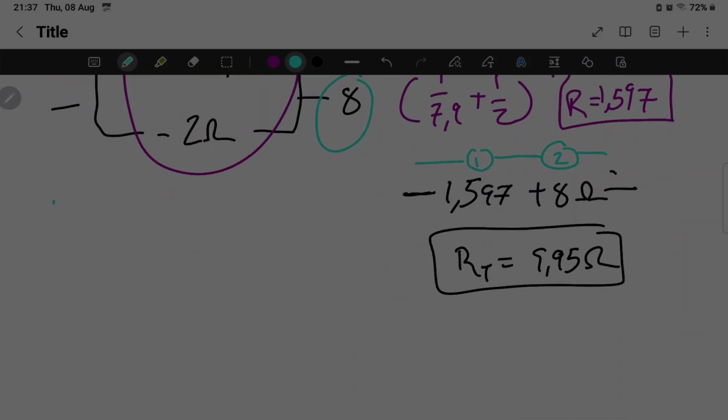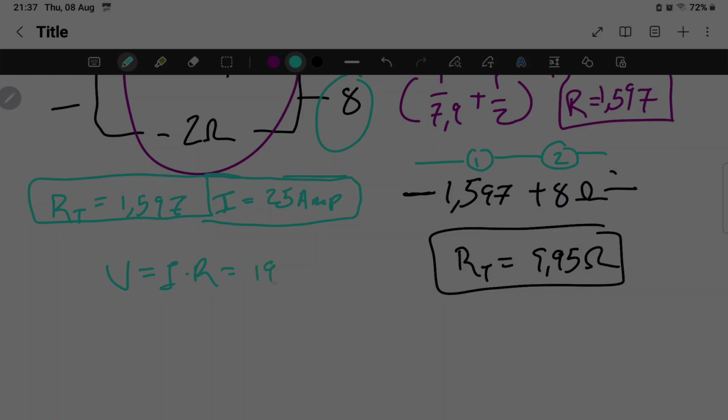So the total resistance is equal to 1.597, and the total current is equal to 25 amps. Why is that? It's because of the rule, which states that current in series is the same. What we're going to do with this is get the voltage, and the voltage is going to be 39.97 volts.